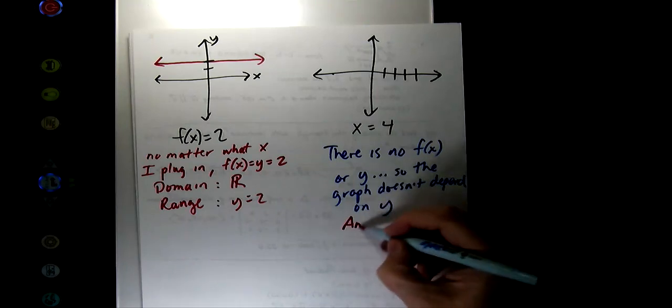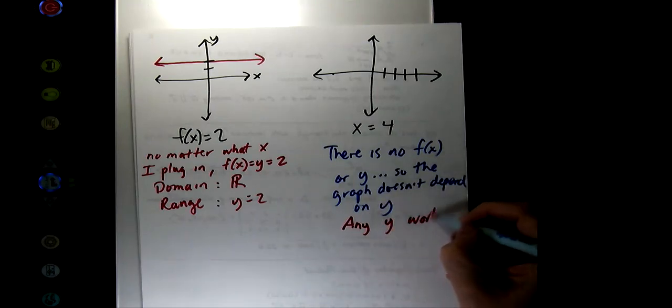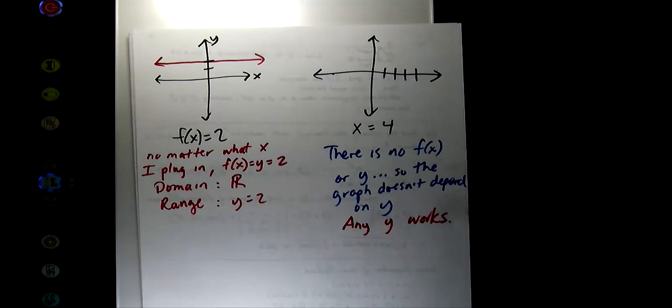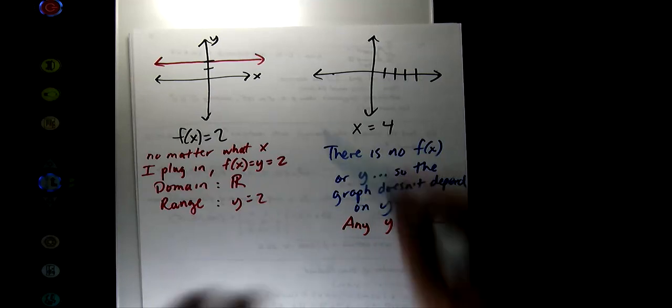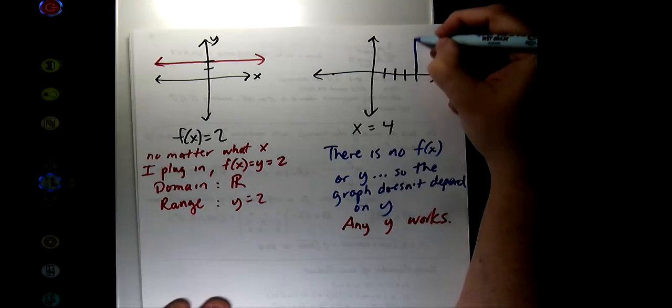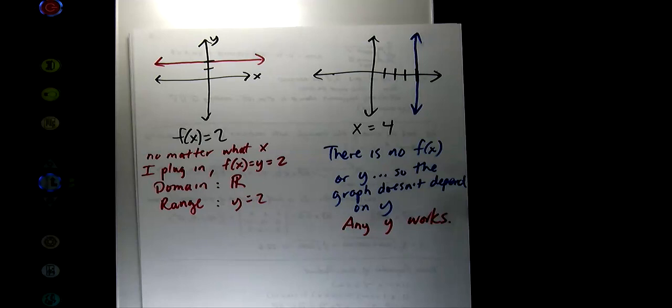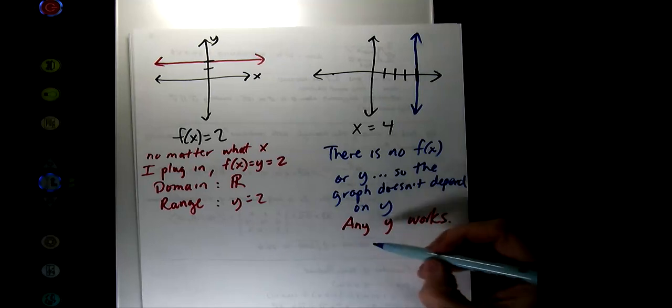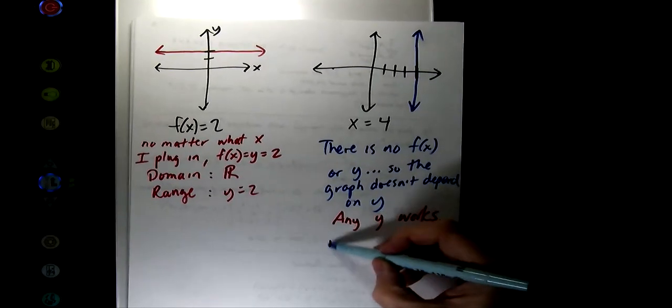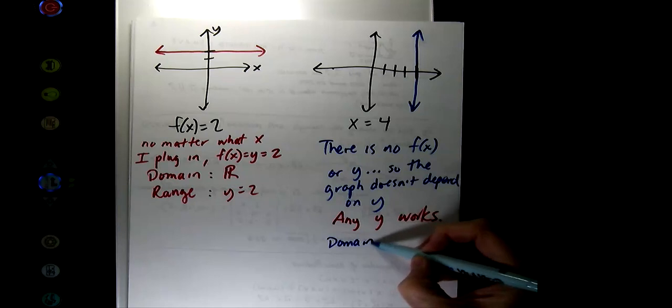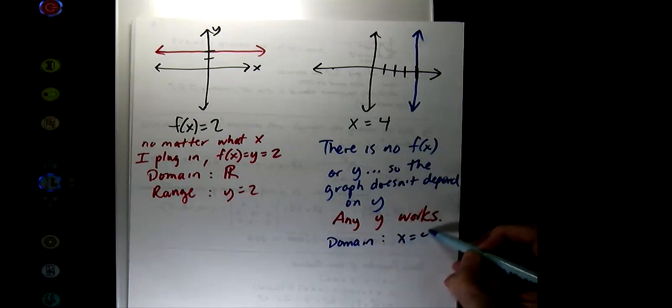Any y works. There's no information given to us about it. Any y works gives us a vertical line. x equals 4 is the only requirement. Here, our domain is now the restricted one, x equals 4.